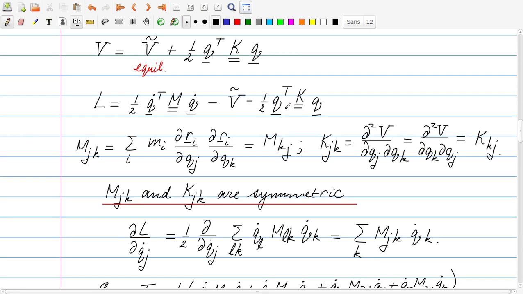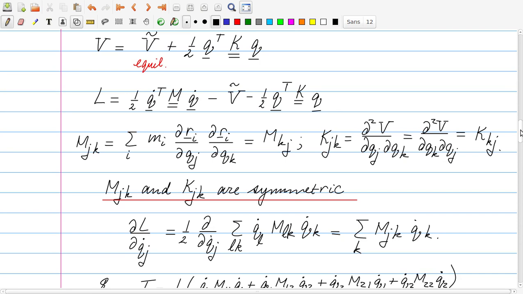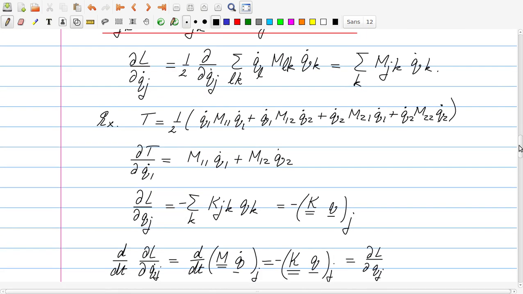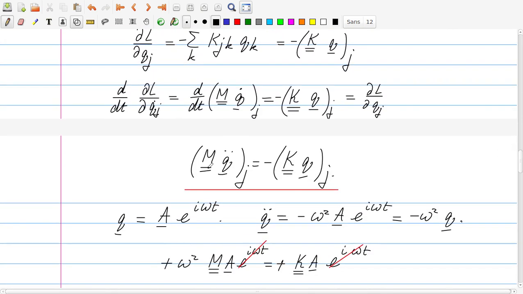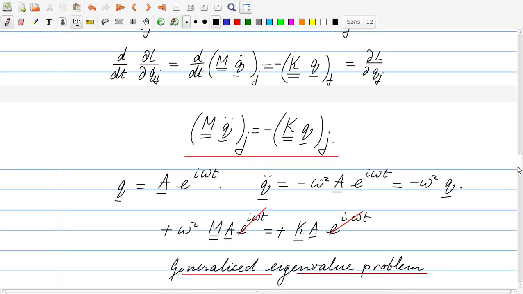And if you then evaluate the Lagrange equations using matrix notation, you find that they always have this form. You can find for these equations always a normal mode solution, which is this solution here. And if you plug that in, it turns out that you have to solve this generalized eigenvalue problem.